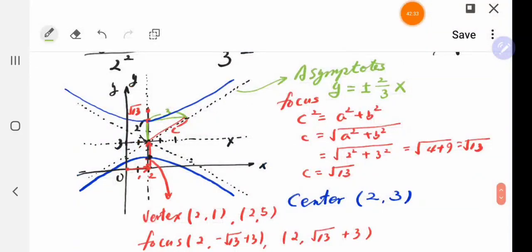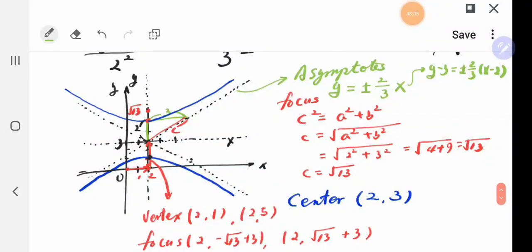Okay, also the asymptote. Since we translated the graph horizontally and vertically, finally we replace this y with y minus the vertical shift, which is 3, so y minus 3 is equal to plus or minus 2/3 times x minus the horizontal shift, which is 2, so x minus 2.